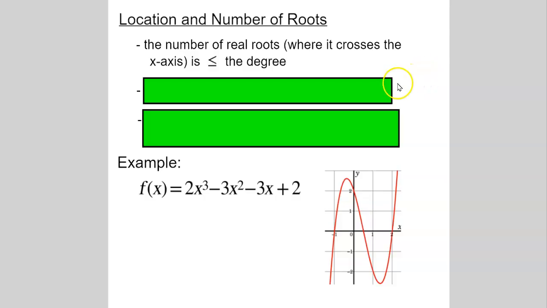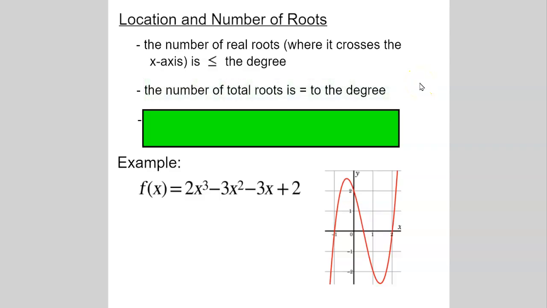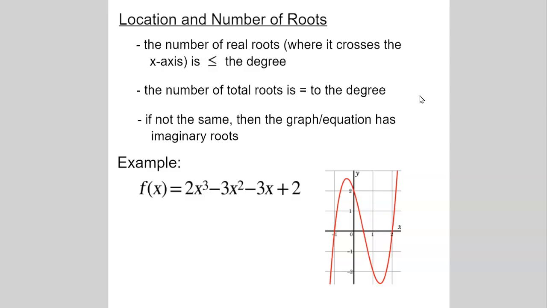The number of total roots is always equal to the degree of your function. So sometimes these will be the same because all of the roots will be real roots crossing the x-axis. Sometimes they will be different. If they are not the same, then that means your graph or your equation has imaginary roots.